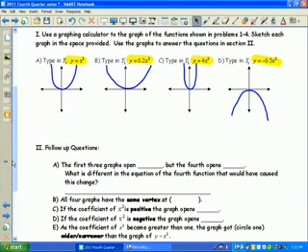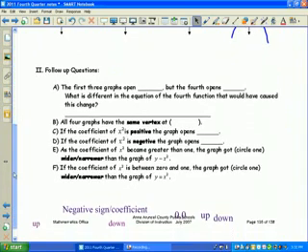And the difference between A and D is it flipped, or reflected, over the x-axis. So now instead of opening upward, it's opening downward. And being that we have a 0.5, it was slightly open, almost like graph B.